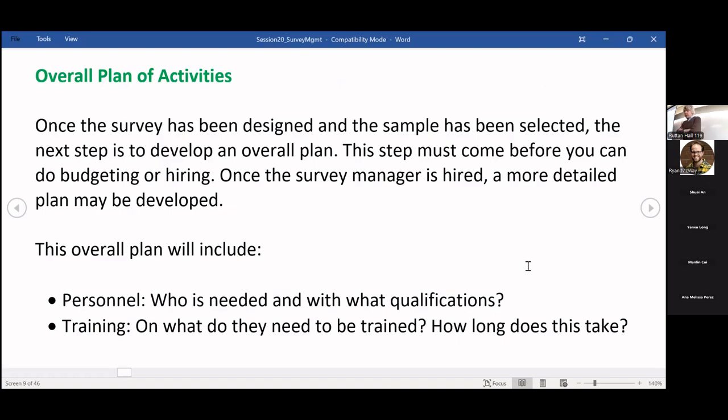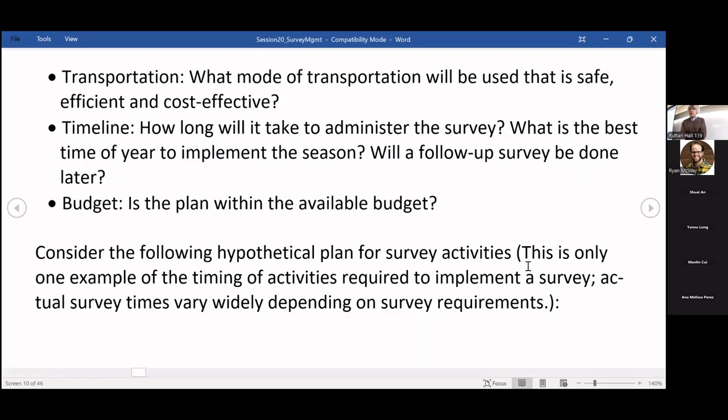So that's the budgeting. Then you need an overall plan of activities. So what you need to figure out is what personnel you need, how the training is going to be done, when it's going to be done, what kind of transportation, drawing a timeline from the very beginning when you're doing pilot testing all the way through the end when you're analyzing the data.